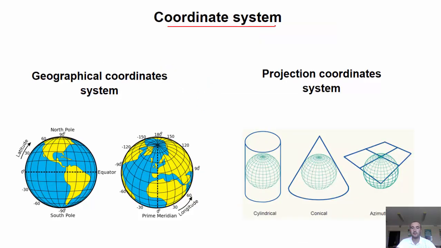Coordinate system. There are two types of coordinate system. Firstly, the geographical coordinate system, and the projection coordinate system. The projection coordinate system is separated into cylindrical, conical, and azimuthal projection systems.